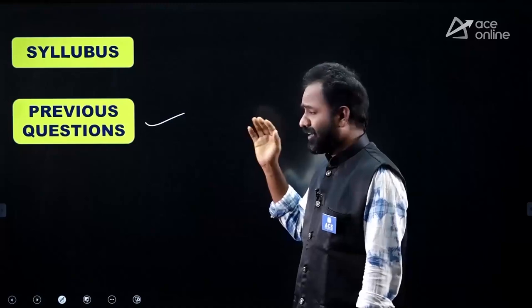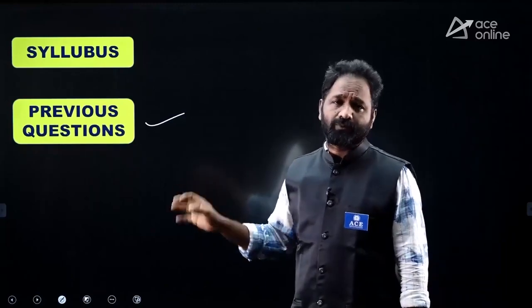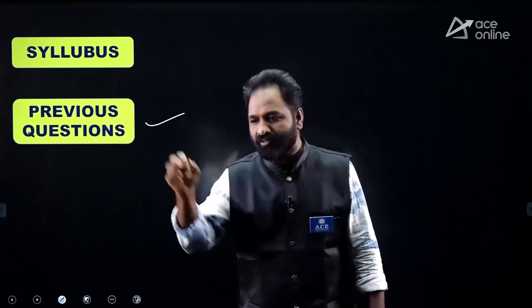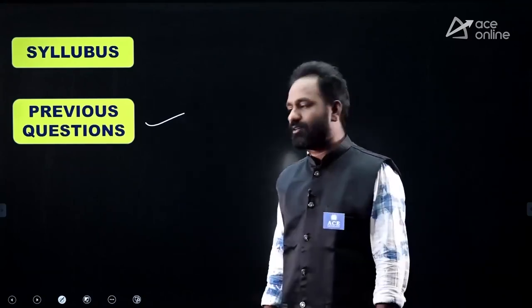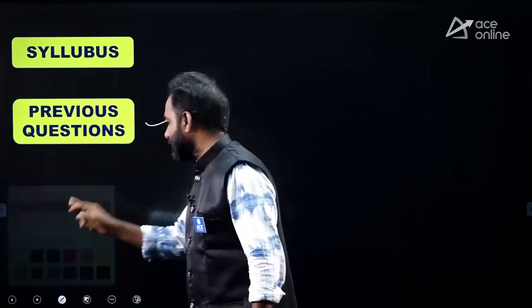Once you analyze the syllabus and go through the previous questions, you will get an idea how the examiner is thinking, because when you are preparing for a competitive examination, you should catch the pulse of the examiner. How the examiner is framing a question from physics, from polity, from chemistry, how he is thinking. Our preparation should be matched with the examination. So the right strategy is very, very important.